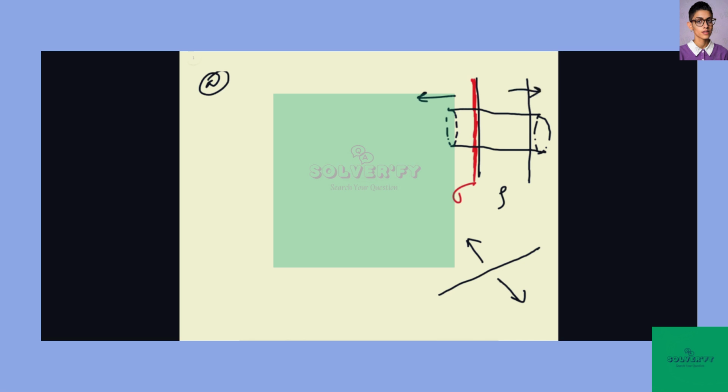Also, notice that because of this charge sigma, the field on both sides of it will be the same. Similarly, the field due to this charge distribution rho will also be the same on both of its sides, which means the electric field will be symmetric across this charge distribution. Now, let's find the electric field.